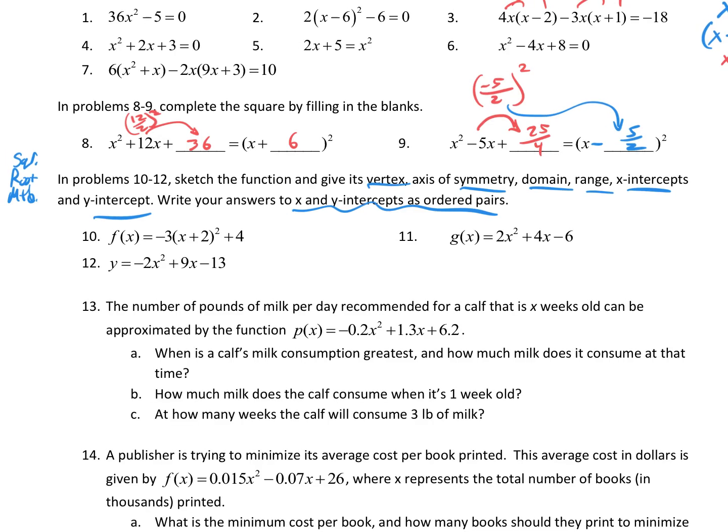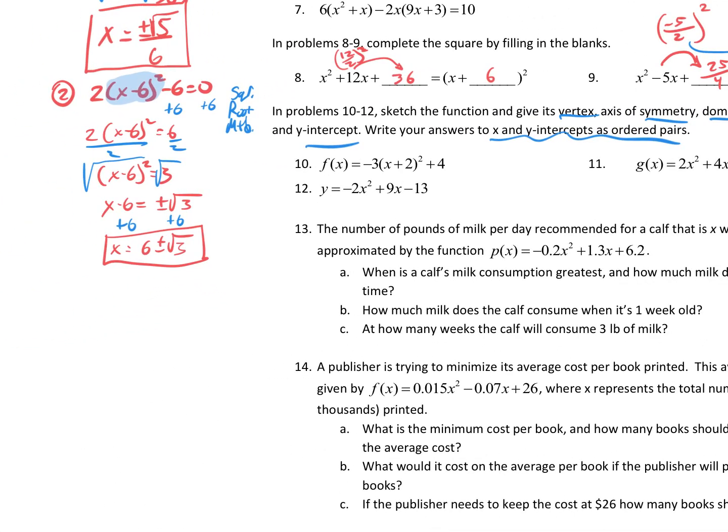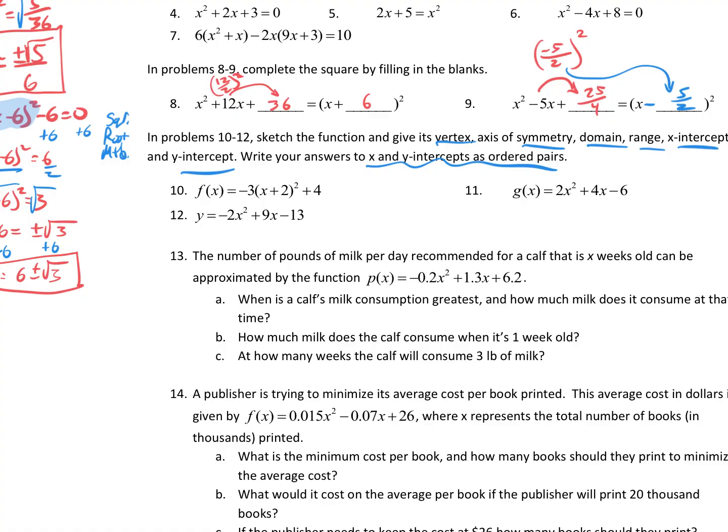So we have different forms here. This form is our vertex form. You need to be familiar with both of these. And then this one here is standard form. This was in the last couple of lessons that we just did.